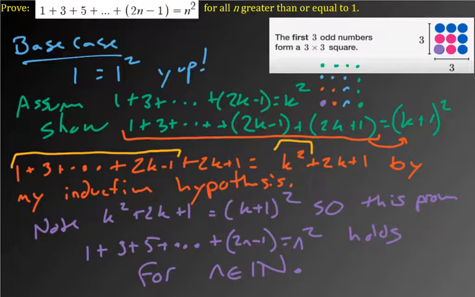And that's it. So you knock the first domino down, you assume k holds, and you show k plus 1, and there's always a step where you insert the hypothesis right here. And then in this one, you just say, oh, look, that thing factors. And so that's it.